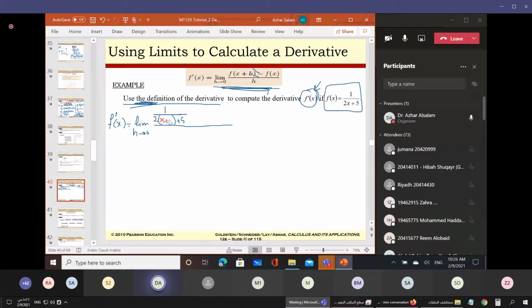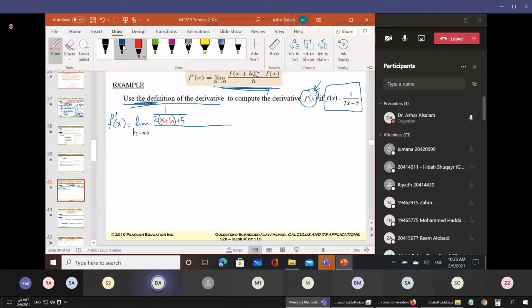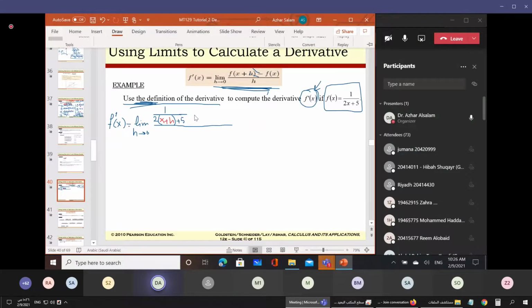Then minus f of x, which is the same function, minus 1 over 2x plus 5. Okay, all divided by h.